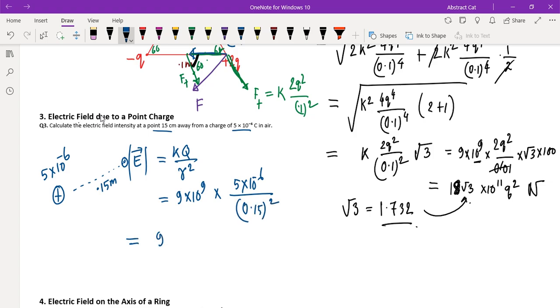So 9 into 10 to the power 9 times 5 into 10 to the power minus 6 equal to 9 into 0.15 whole square. 15 square is 225, and after the point there are 2 digits, so their square is 4 digits.